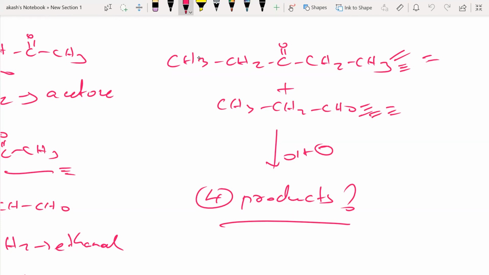So for the self-aldol, is it fine if we write the product directly instead of showing everything? No. Just show the shortcuts alone. That is enough. Don't show the mechanism. Mechanism will take a lot of time. Show only the shortcuts for all the 4 products. Yeah, everything is okay. 1, 2, 3.